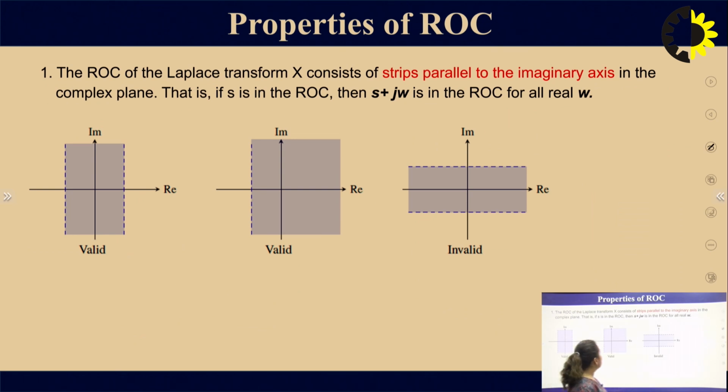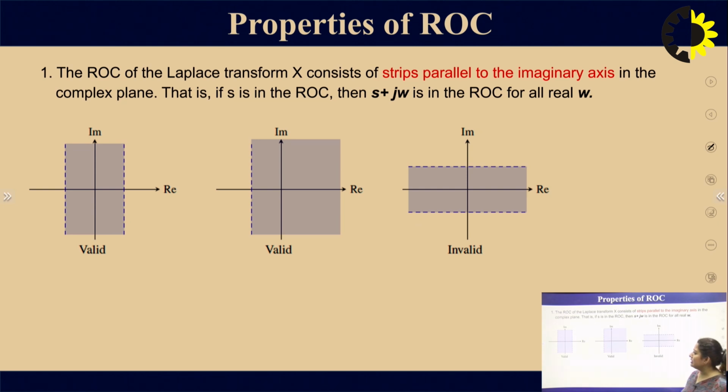So now what is the ROC? Basically, what are the properties of the ROC? The ROC of the Laplace transform x consists of strips which are parallel to the imaginary axis in the complex plane. That is, if s is in the ROC, then s plus j omega is in the ROC for all real omega.